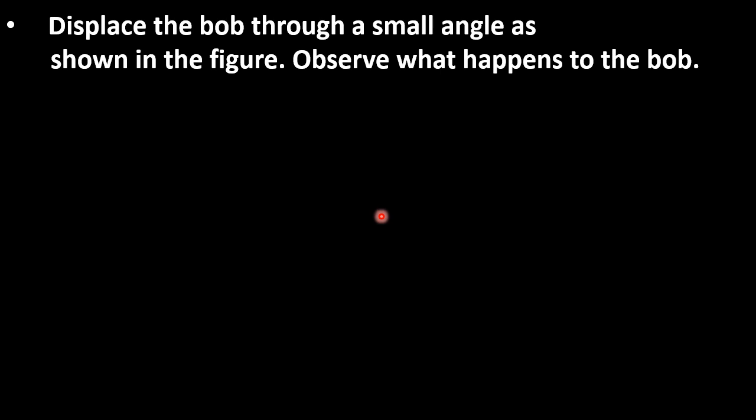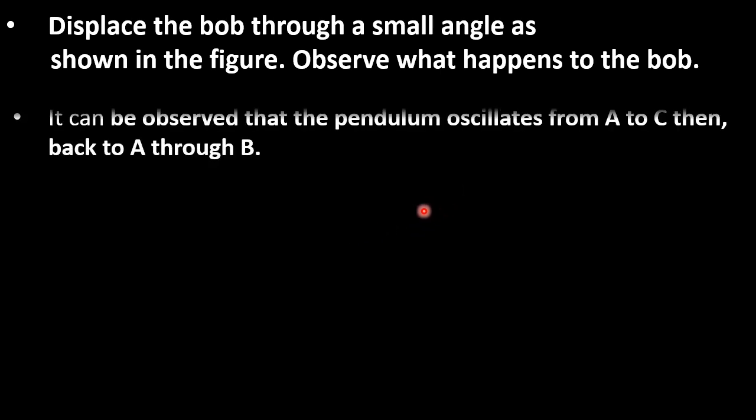Then from B to C, it will also undergo an energy change from kinetic to potential energy. So it can be observed that the pendulum oscillates from point A to C, then back to A through B.